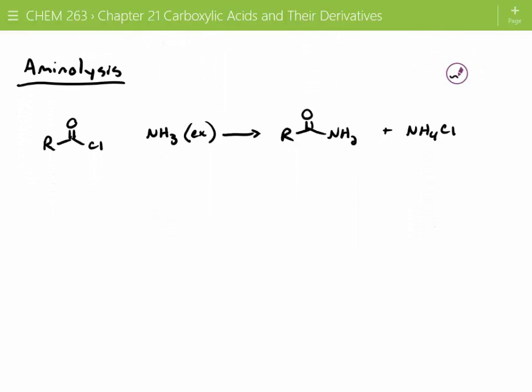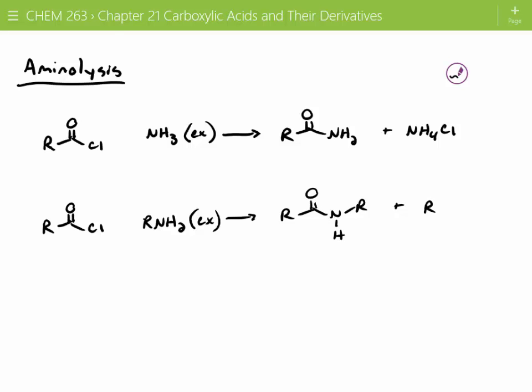If we want to make things a little bit more substituted, we can use an acid chloride. And we can use a primary amine. And you can get your conjugate salt out.